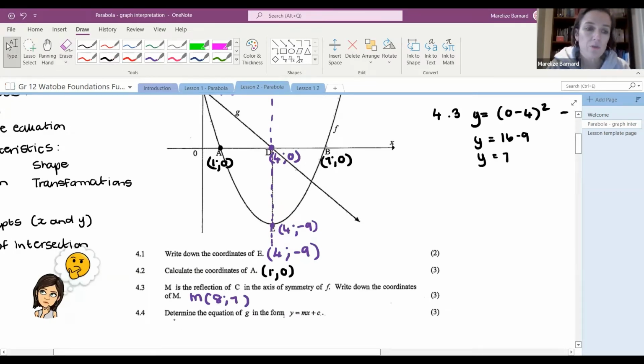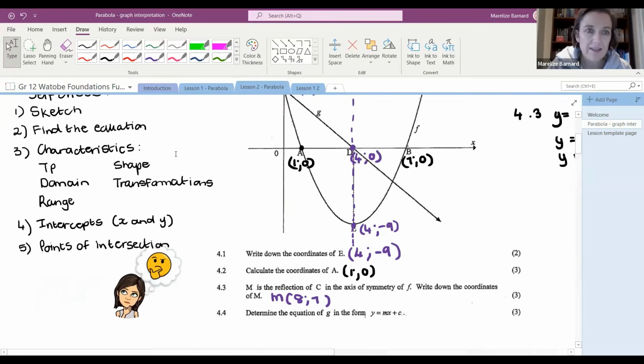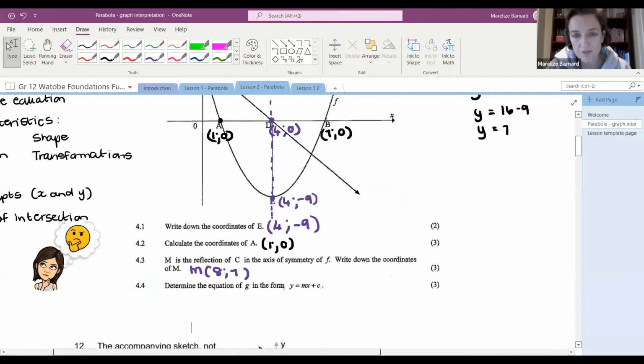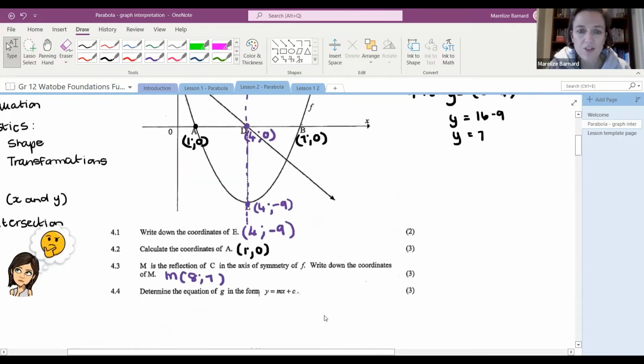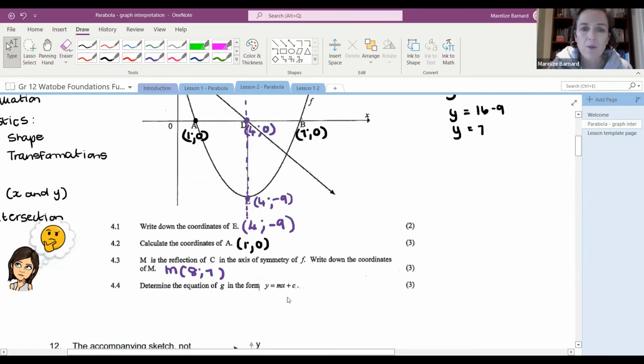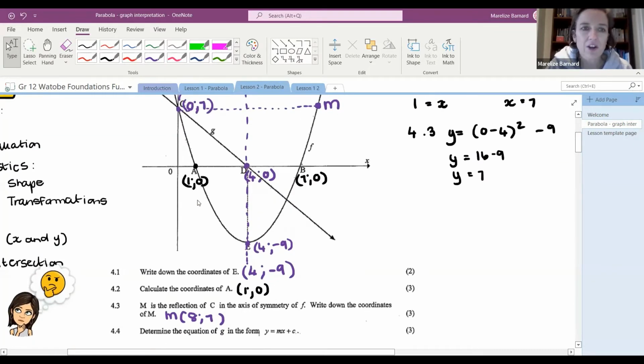Okay, so from this list that I put here, finding the equation is definitely something you have to be able to do with all the graphs. Straight line equation: we need gradient, we need y-intercept. Let's give it a go, guys. Let's see if anyone can post in the chat as soon as they have the answer.